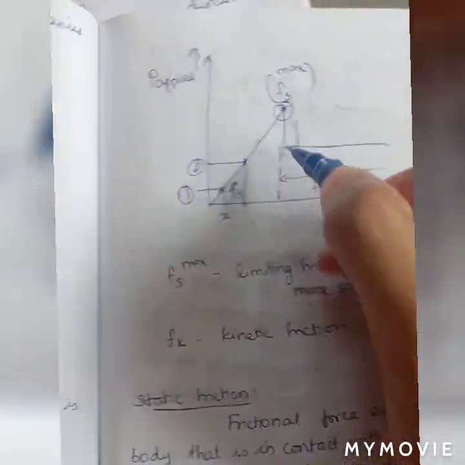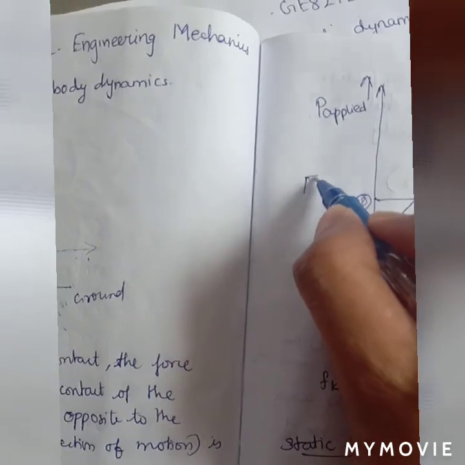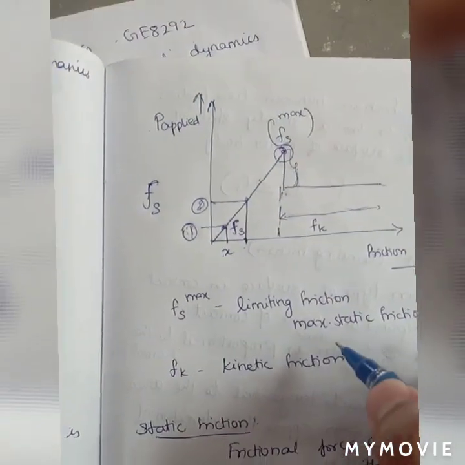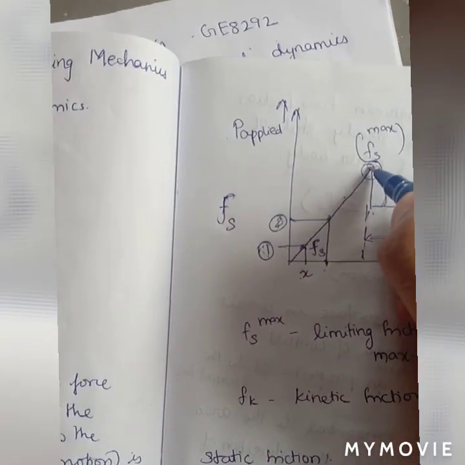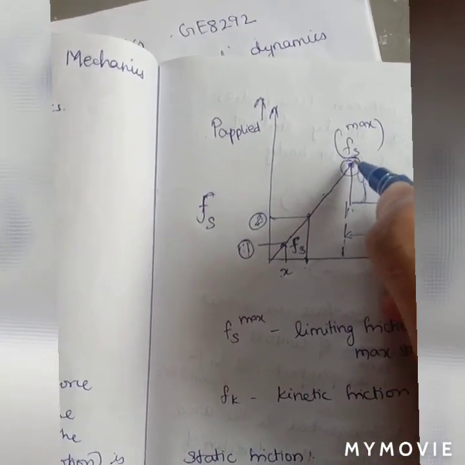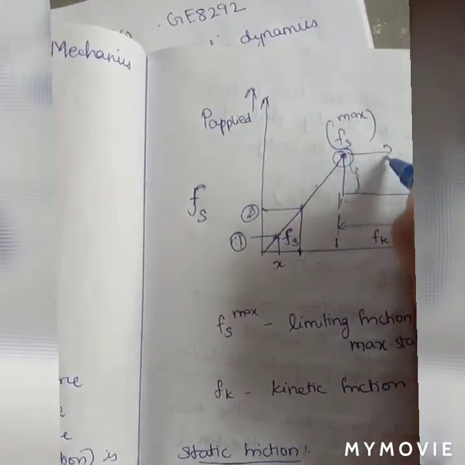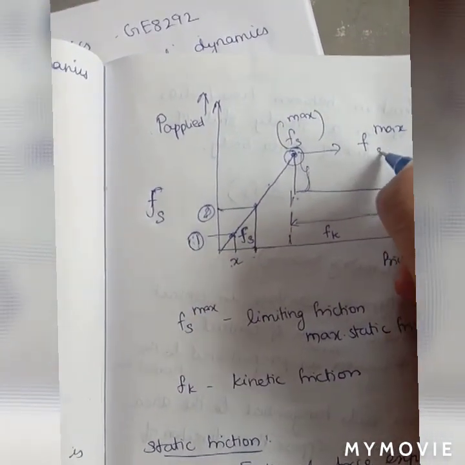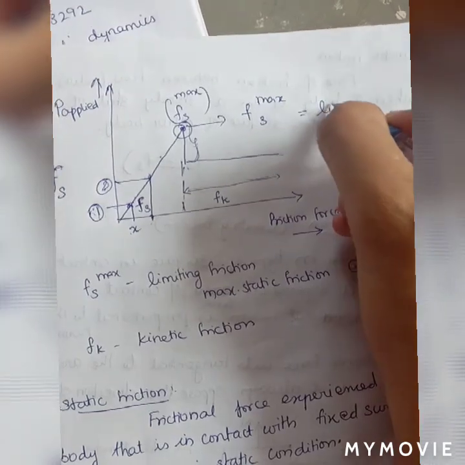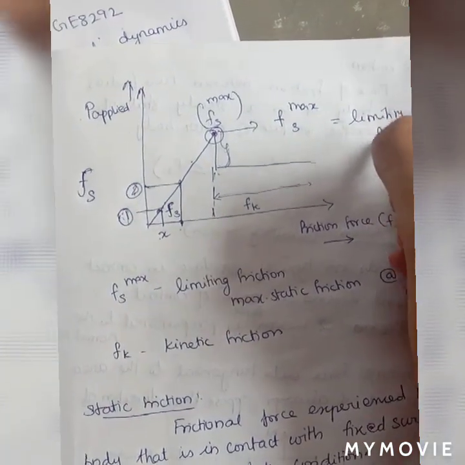This limit is called the static frictional force, the frictional force in the static condition. So this limit above which the frictional force decreases, right? This limit is called the maximum static force, or otherwise called the limiting friction.